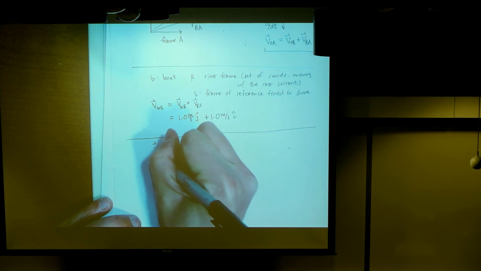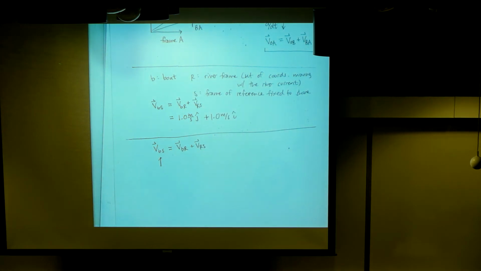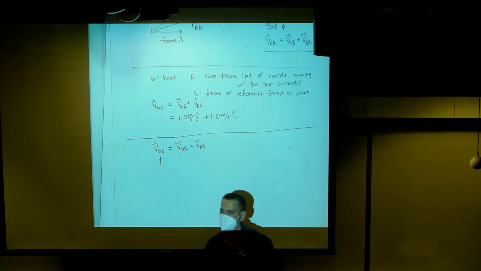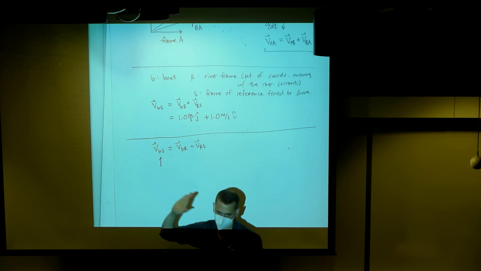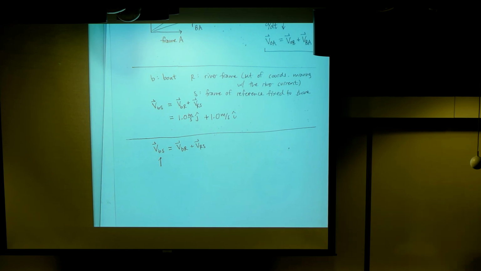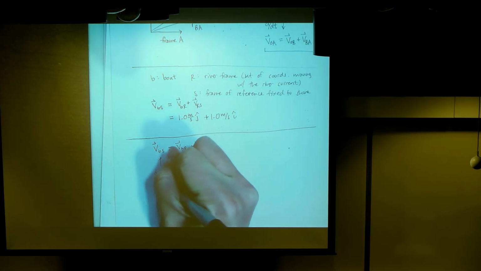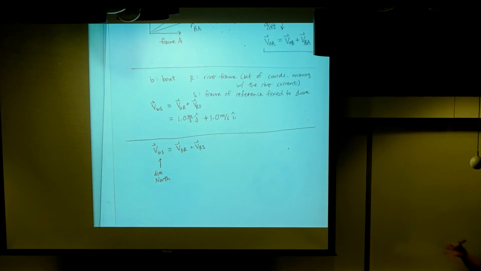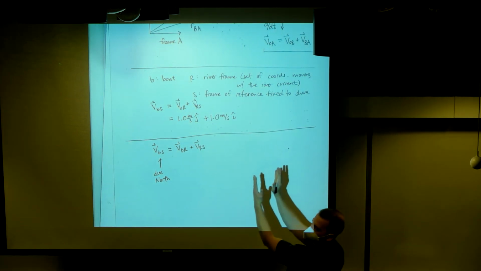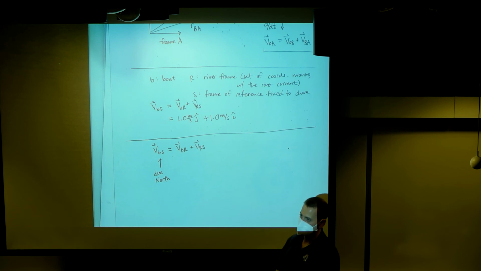So this one right here. What should the direction be for the velocity of the boat relative to the shore? What do we want it to be in this case? North. We want this one to be due north, right? That's what it means to not be carried upstream or downstream. It means relative to the shore, you're just moving due north, you're not moving east or west, okay?